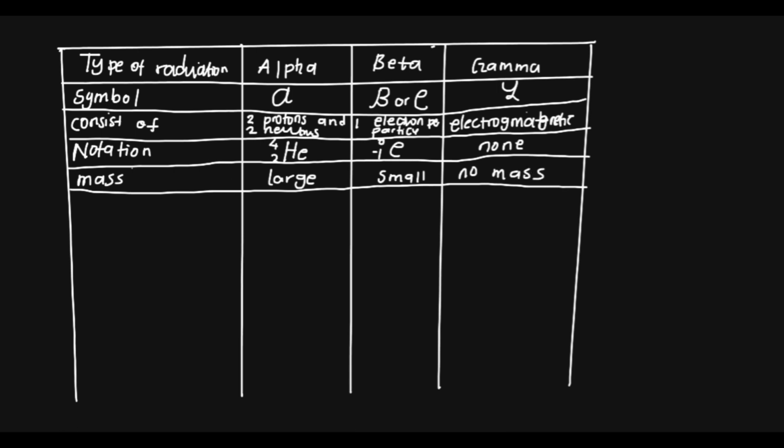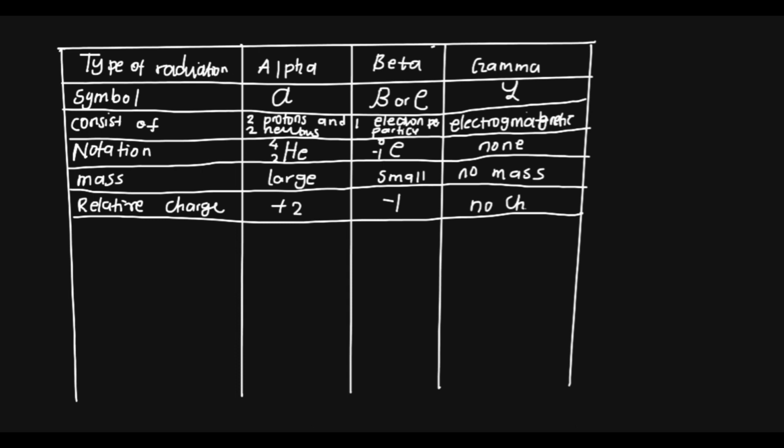Then from the mass, we move on to relative charge. So for alpha, the charge is positive. Then for beta, it's -1. Then for gamma, no charge. It's a wave. That's the reason.